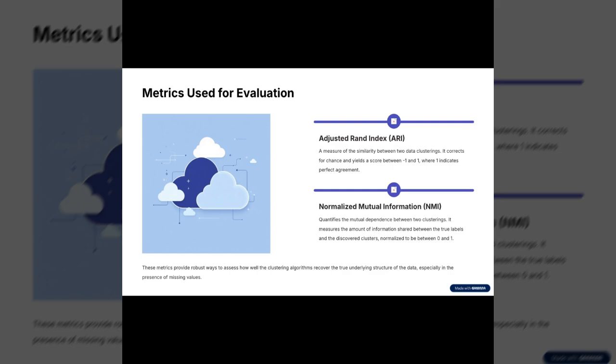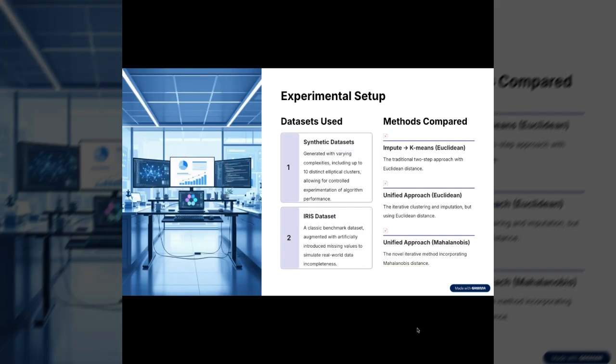Both metrics are good for synthetic data, where ground truth is known. The experiment used both synthetic data with up to 10 elliptical clusters and the classic Iris dataset with missing values introduced artificially, and they compared three approaches: impute plus k-means, unified with Euclidean distance, and unified with Mahalanobis distance.